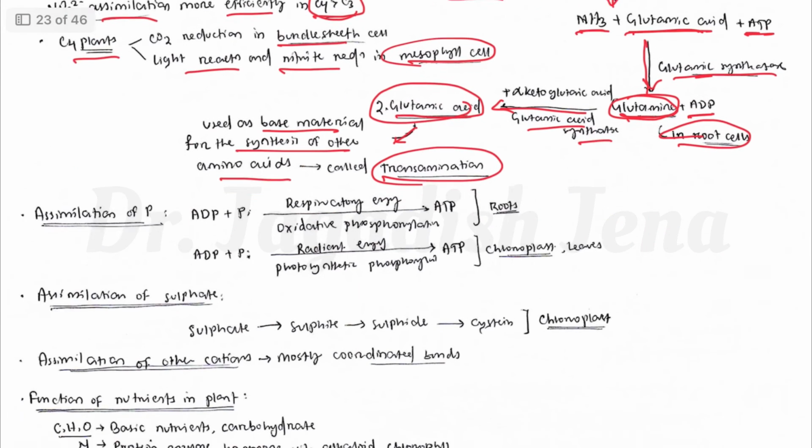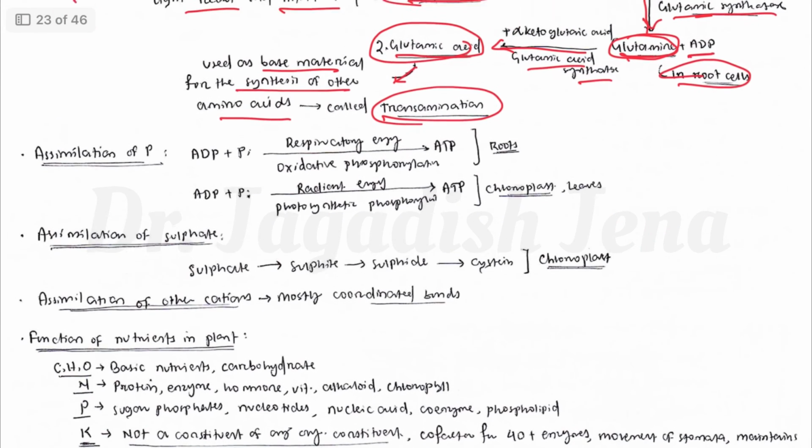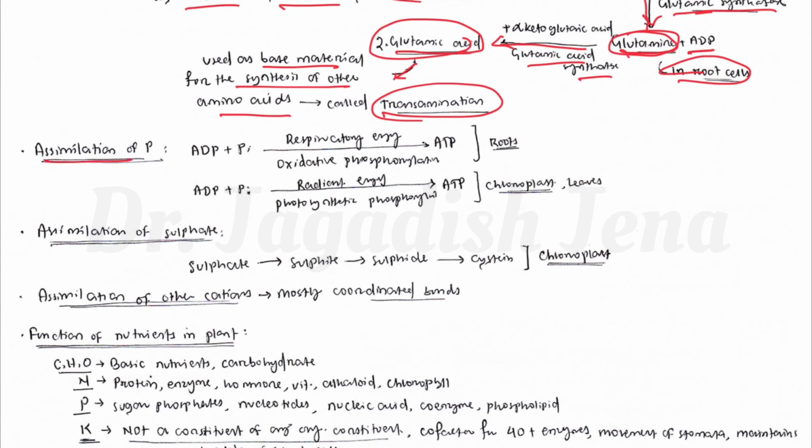Now coming to assimilation of phosphorus. Here the inorganic phosphate taken up by the plant is associated with ADP, adenosine diphosphate. Then respiratory energy is involved, where oxidative phosphorylation happens to form ATP.